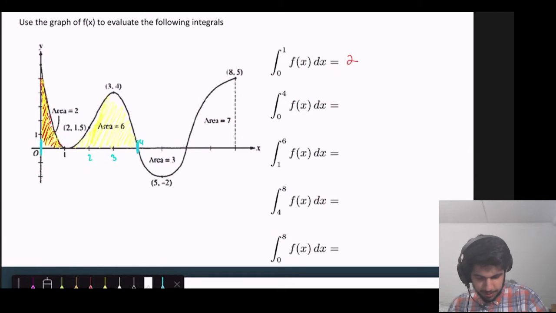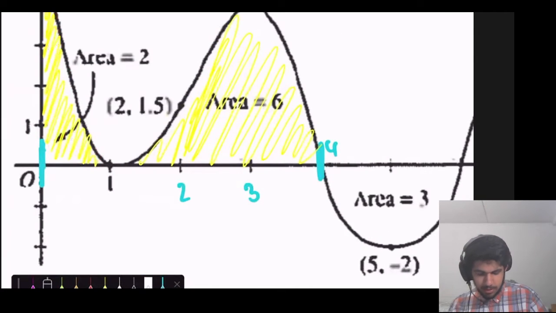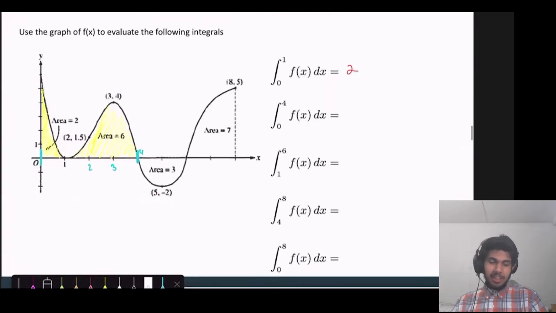Let me try to get rid of the red. But we can see that that yellow area can be composed of two separate sums. That's the area from 0 to 1 plus the area from 1 to 4, which is 6. So 2 plus 6 equals 8. So that's that definite integral.